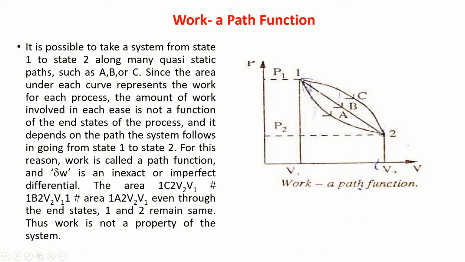I may follow this particular route and reach Chennai, or I may follow this particular route and reach Chennai, or I may follow this particular route and reach Chennai. Probably I am traveling from 1 to 2 using a car. Probably when I follow this path, the fuel consumed by the car may be different from when I follow this route, or this route.